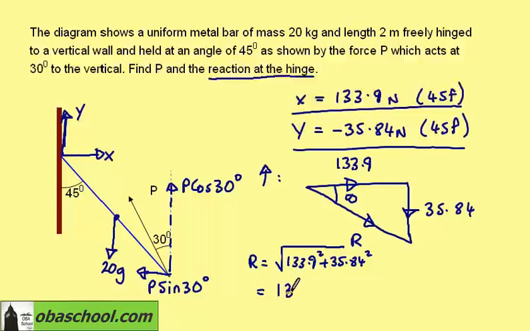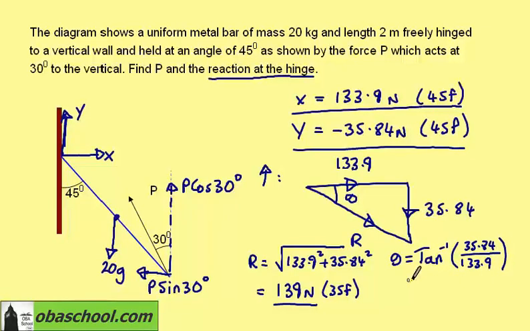And this gives us 139 newtons, correct to 3 significant figures. We also need theta. Theta is going to be the inverse tangent of the opposite, 35.84, divided by the adjacent, 133.9. And this gives us 15.0 degrees, correct to 3 significant figures.